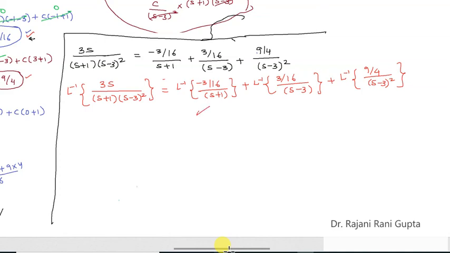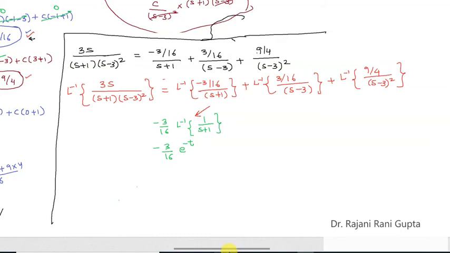So in this case, the numerator we can write as minus 3 over 16 Laplace inverse of 1 over s plus 1, which gives you minus 3 over 16 e power minus t.